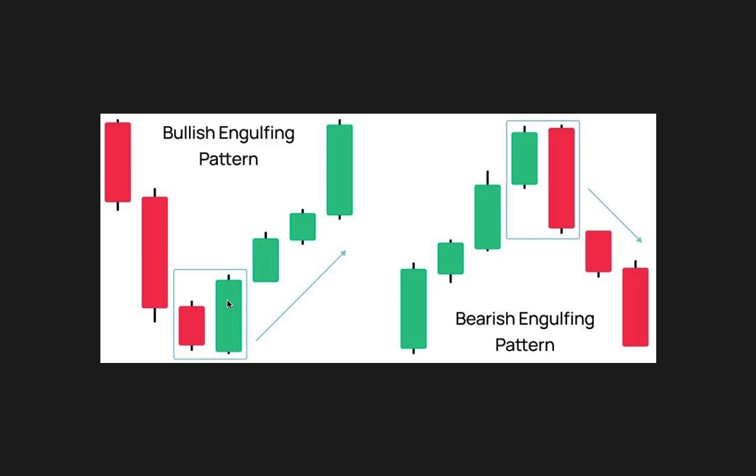When the market is moving down and you spot something like this, you see a bearish candlestick before a bullish candlestick that actually engulfs this small red candlestick that is moving down. When it engulfs it and the trend starts changing, you should know that yeah, the buyers are in.